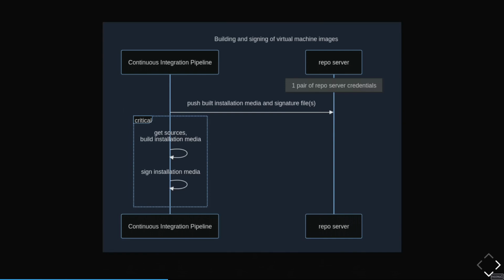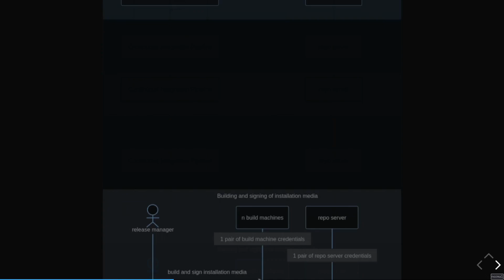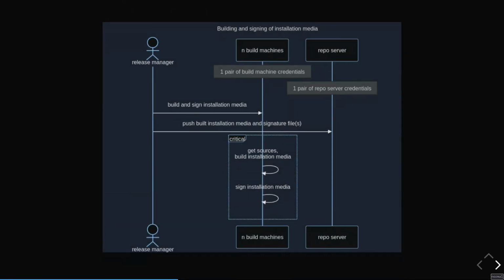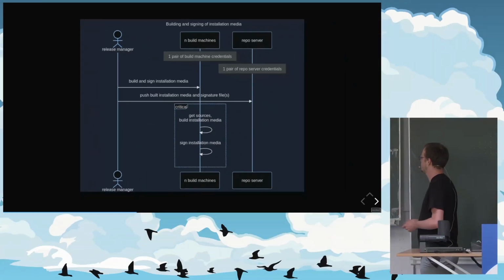As you probably already observed, this means the signing key is also available in CI, which is kind of horrific. We have building and signing of installation media. This is somewhat less horrific because a person that we trust, also with our packages, builds this installation media, then signs it, then uploads it on one of the build machines, basically.